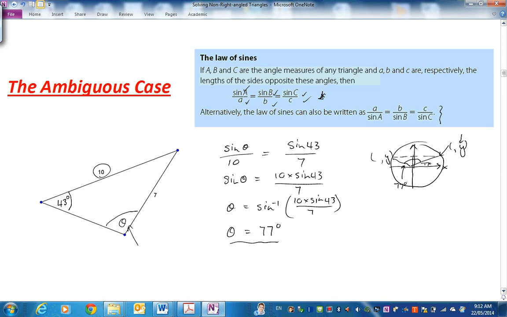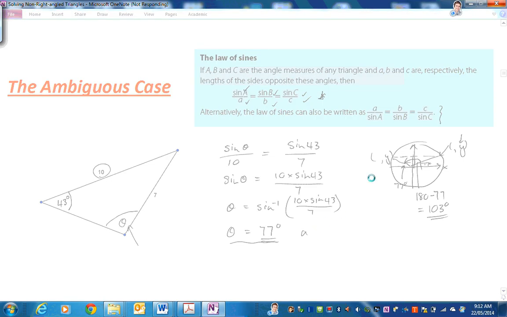So the actual angle is that big one, 180 minus 77. So this is what's called the ambiguous case. Okay, it could be 103. You'll always get the acute angle coming off the calculator. Hang on just a minute there and we'll fix that up now.